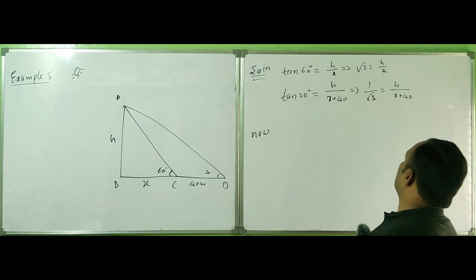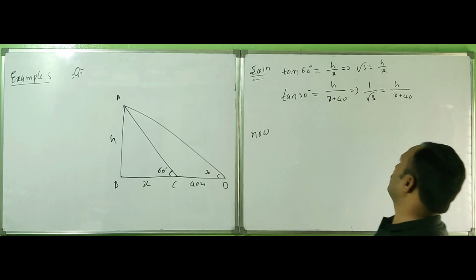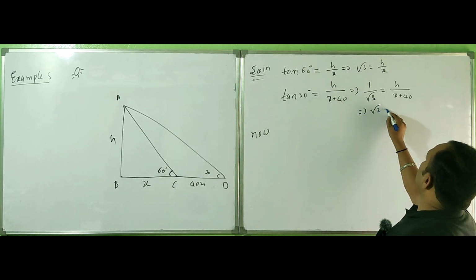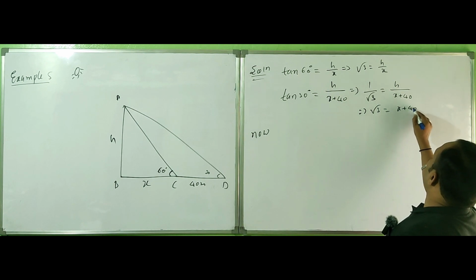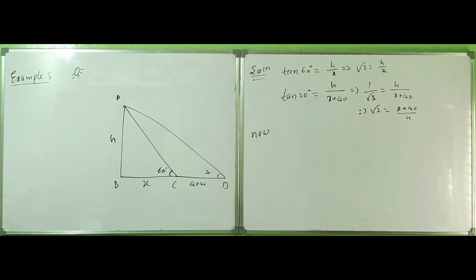You can also write this as root 3 equal to x plus 40 by h.